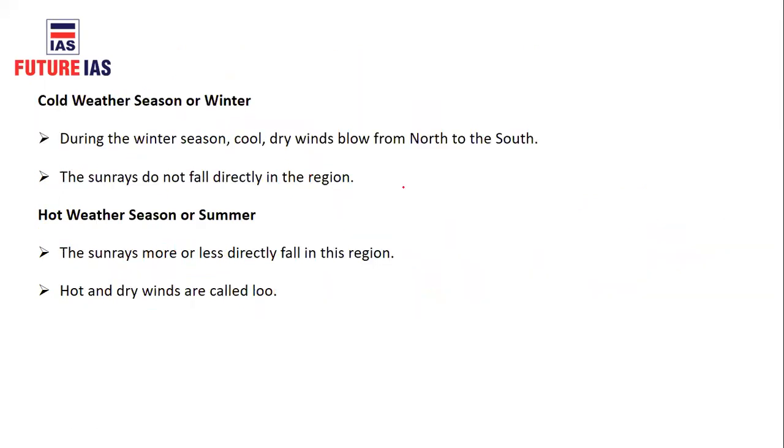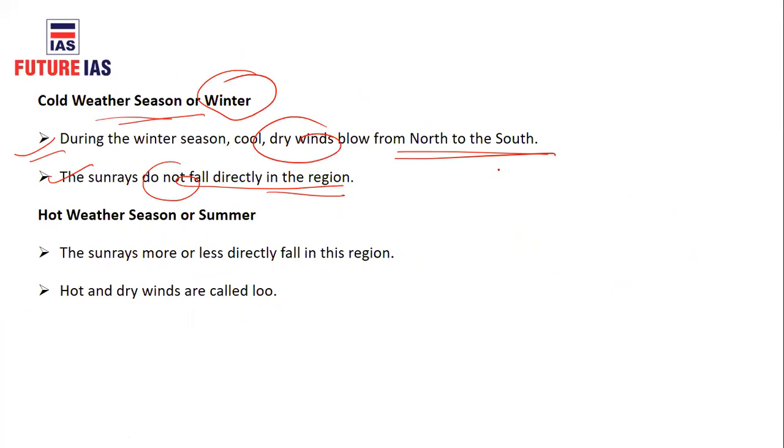All right. Cold weather season, as I told you, is also known as winter season. That happens during the winter months, for example October, November, December, and January. Here you will have dry winds which blow from north to south, and the sun rays do not fall directly on the region. Why do sun rays not fall directly? Because if you remember the winter solstice, summer solstice concept, the sun is lying in the southern hemisphere.